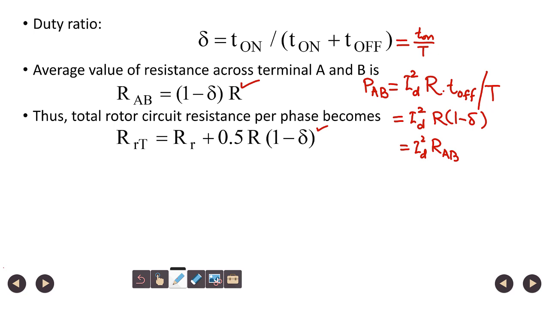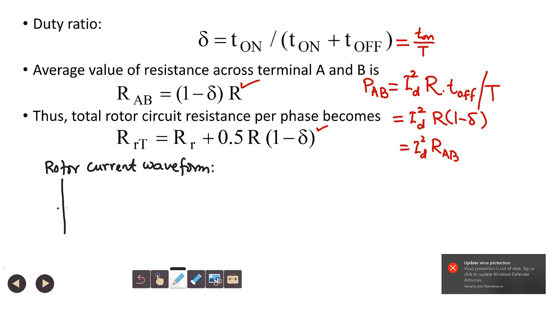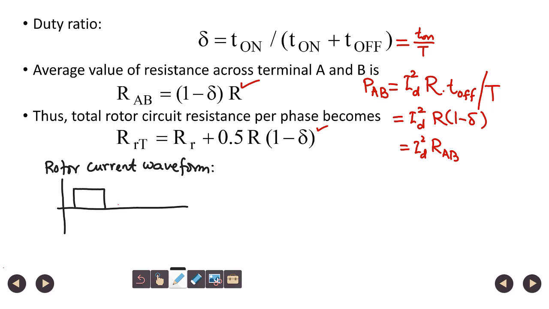You see the rotor current waveform. This is 0, this is pi, and this is 2 pi. This is omega t, this is plus I_d, this is minus I_d.